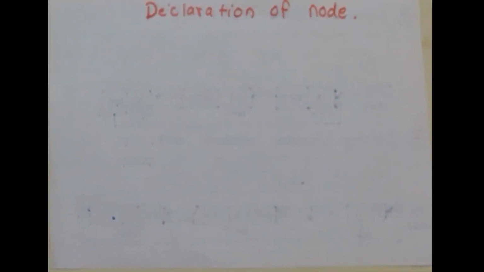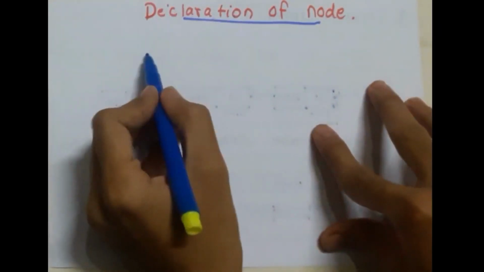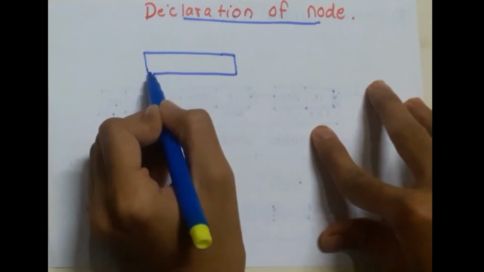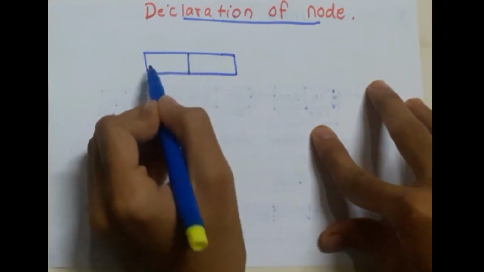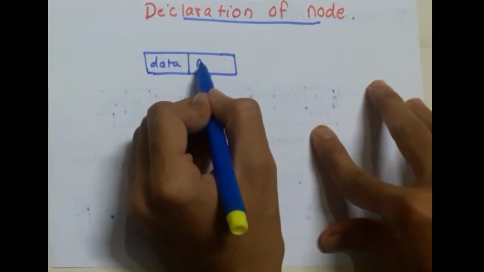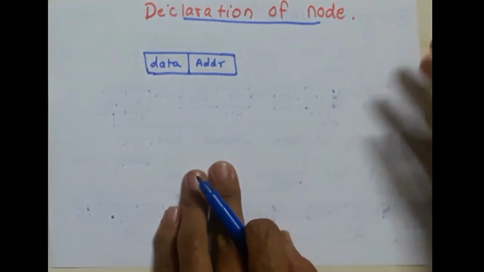Now let us see how the declaration of node takes place. Okay? So we'll consider a node. We know node consists of two fields. First field is the data field and the next field is the address field, which consists of the address of next node.